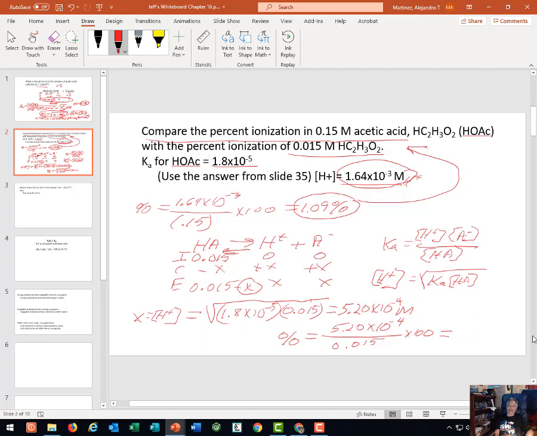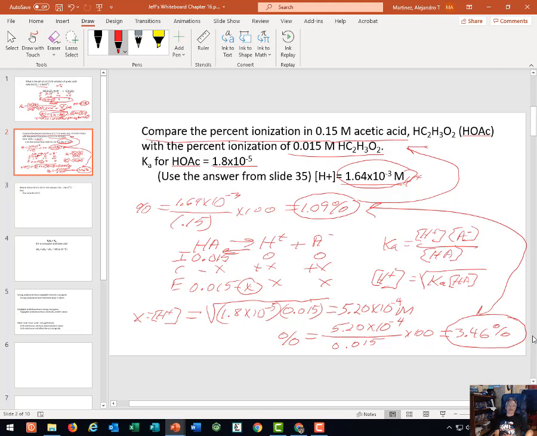When I finish that calculation, I get 3.46% ionized. So if I compare the percent ionization for the more dilute concentration, I see that my percent ionization has increased in spite of the fact that my hydrogen ion concentration has decreased.